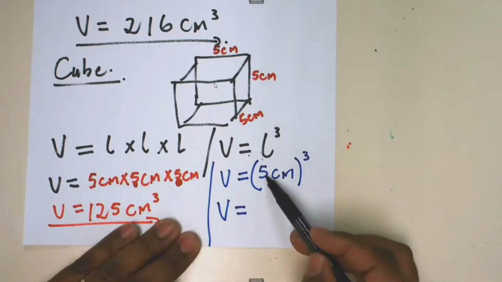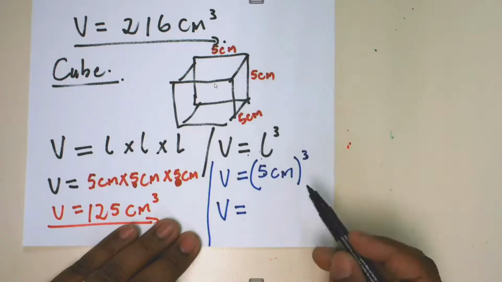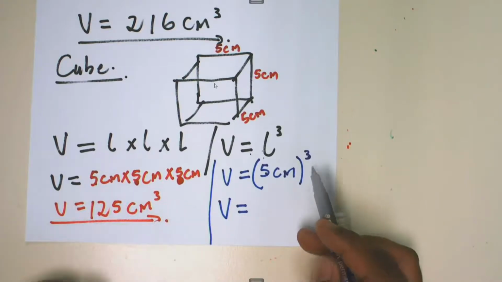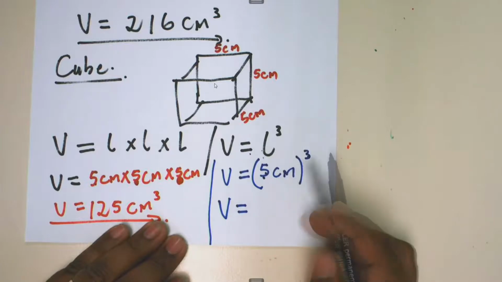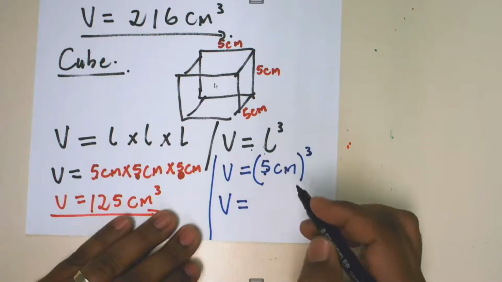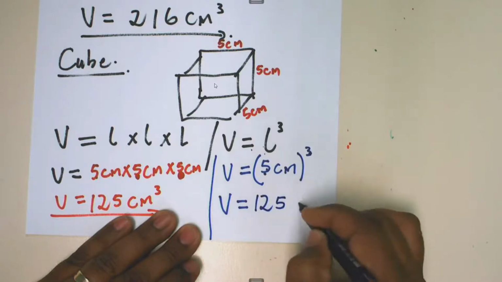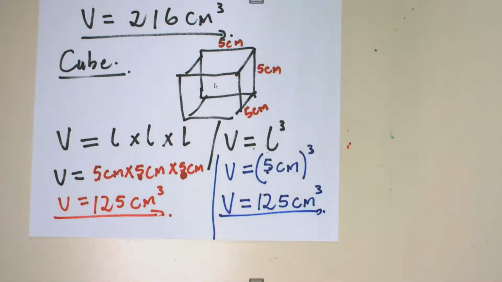And therefore, 5 to the power of 3, it is not 5 times 3, because 5 times 3 is 15. But in this case, it's 5 by itself 3 times. 5 times 5, it will be 25. 25 times 5, it will be 125 cubic centimeters. So if you have your answer like that, you are correct.